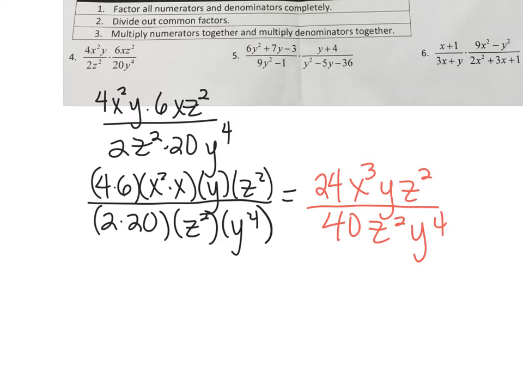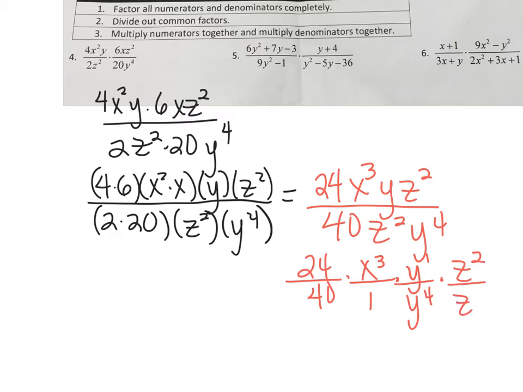Now, is this simplified? No, it's not simplified completely. So now, let's put our numbers together. 24 over 40. We have x to the 3rd, no x's in the bottom. We have y to the 1st and y to the 4th at the bottom. We have z squared at the top and z squared at the bottom.